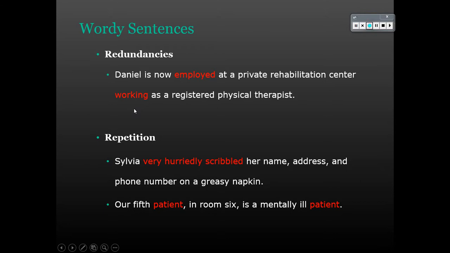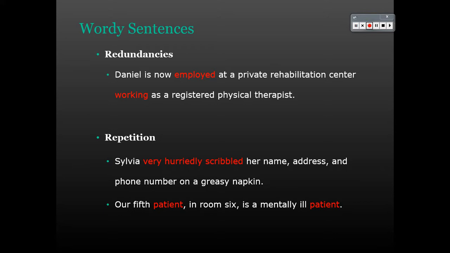All right, so redundancies. Daniel is now employed at a private rehabilitation center working as a registered physical therapist. If he is employed, it is understood that he is working. That is redundant. Repetition. Sylvia very hurriedly scribbled her name, address, and phone number on a greasy napkin. If we use the appropriate descriptive verb, we should not need adverbs, in my humble opinion.